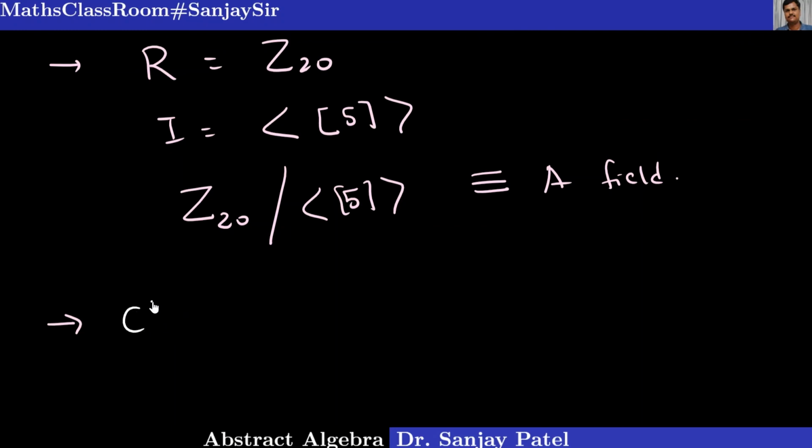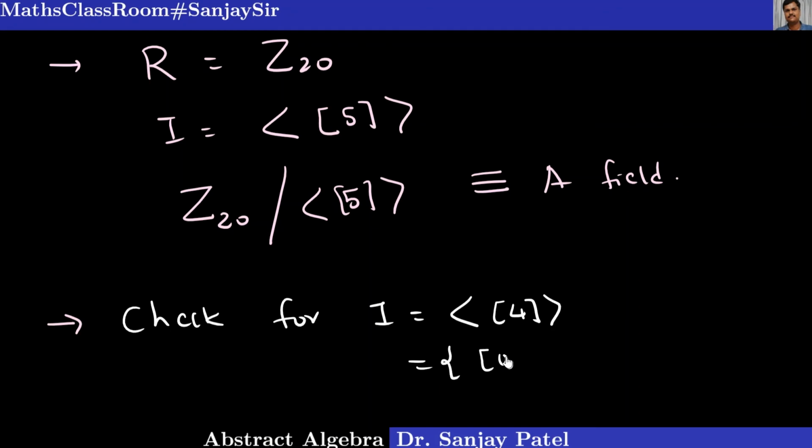So check for the ideal I generated by, say, if you take class 4, what are the elements of this ideal? 0 is always there. 4 plus 0 is 4. 4 plus 4 is 8. 8 plus 4, 12. 16. And 16 plus 4 is 20. And 20 is 0. So we have only this many elements for this ideal.